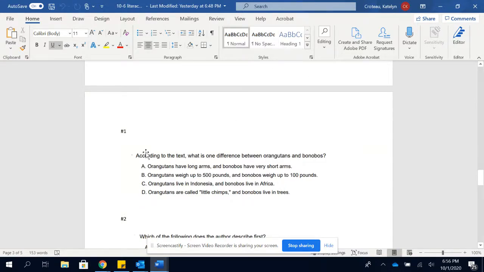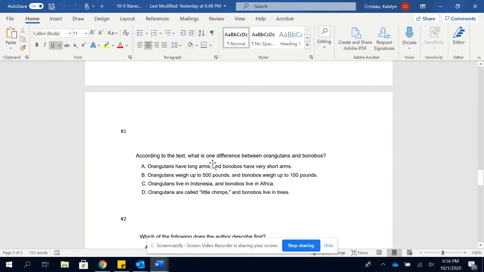Okay, here we go. According to the text, what is one difference between orangutans and bonobos? A, orangutans have long arms and bonobos have very short arms. B, orangutans weigh up to 500 pounds and bonobos weigh up to 100 pounds. Be careful that you fact check this stuff, right?